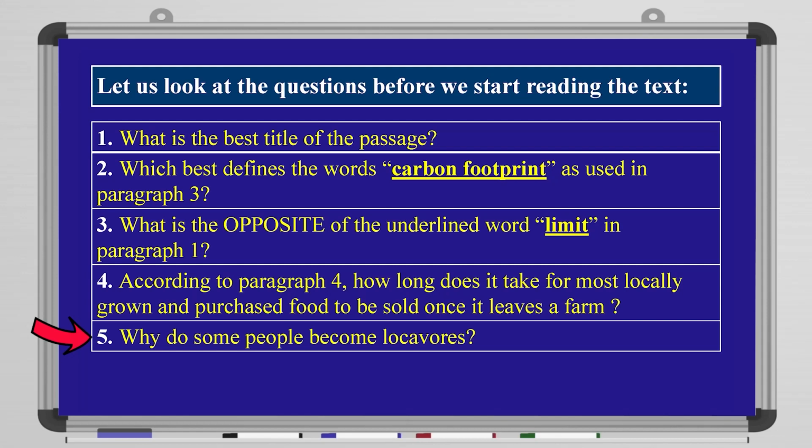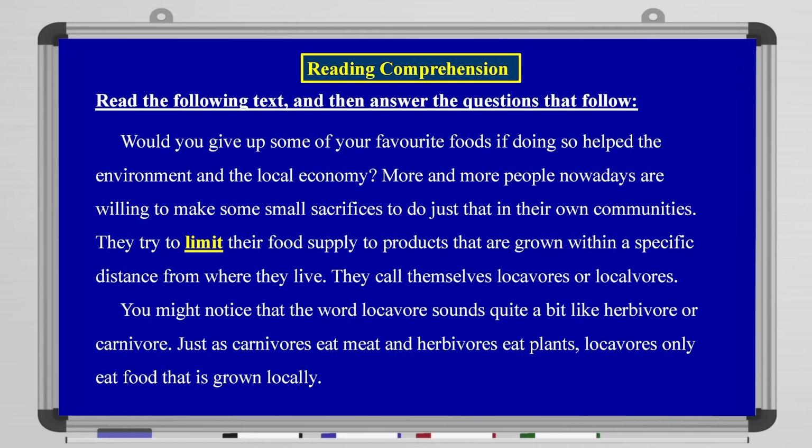We looked at the questions. Now let's go ahead and read the paragraphs or the text together. Would you give up some of your foods or your favorite foods if doing so helped the environment and the local economy? More and more people nowadays are willing to make small sacrifices to do just that in their own communities.